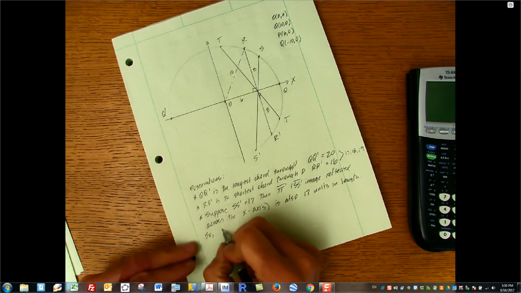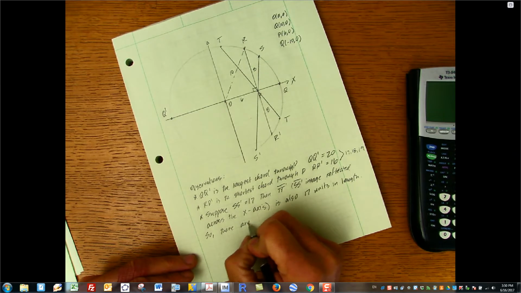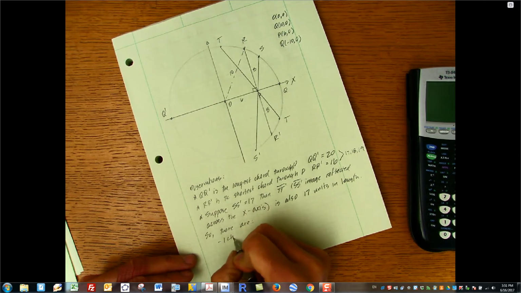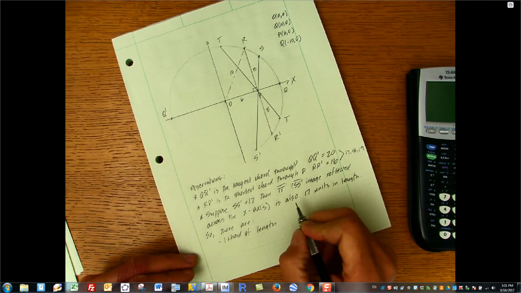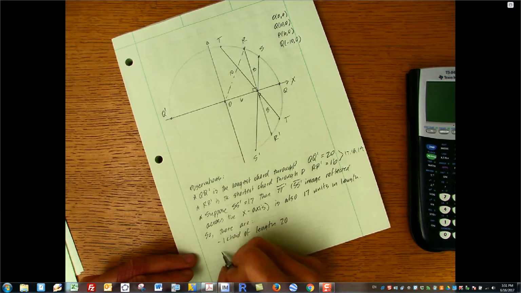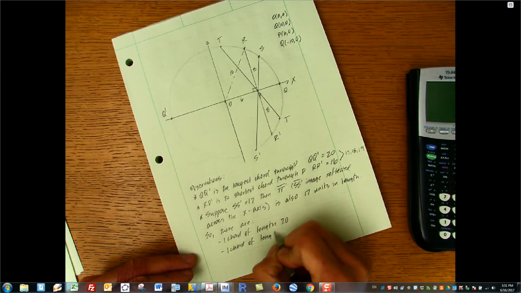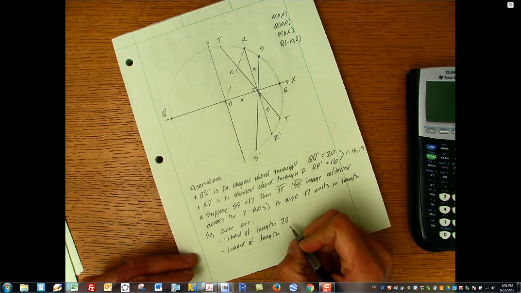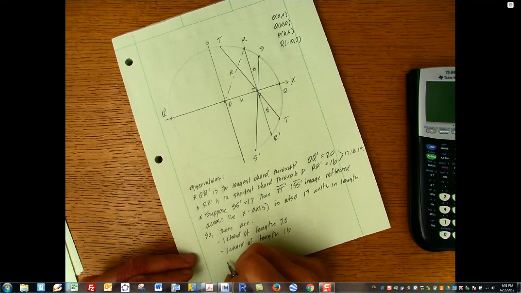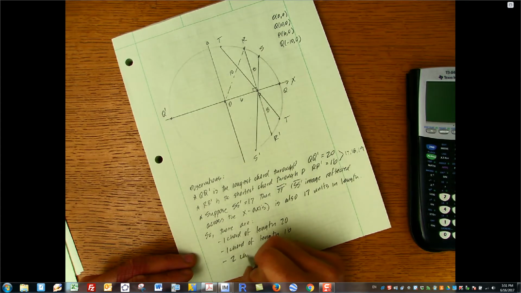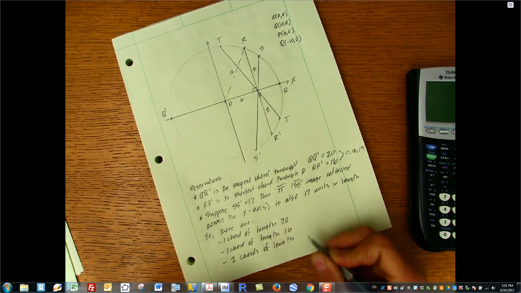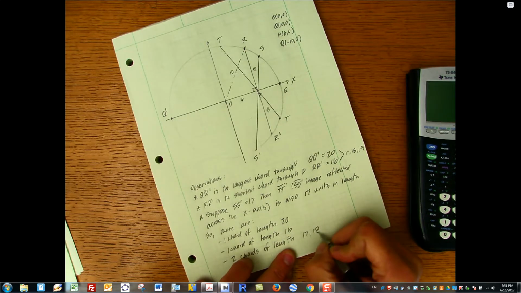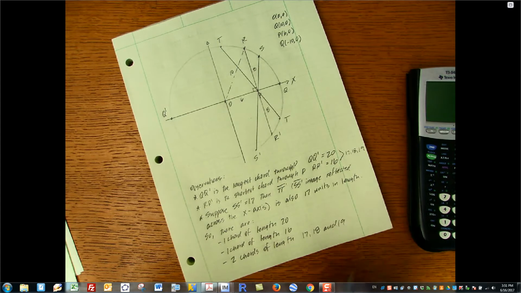So there are, let's see, one chord of length 20, one chord of length, what was this one, 16, two chords of length 17, 18, and 19.